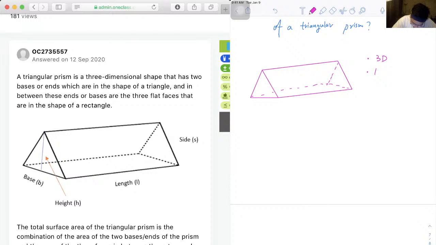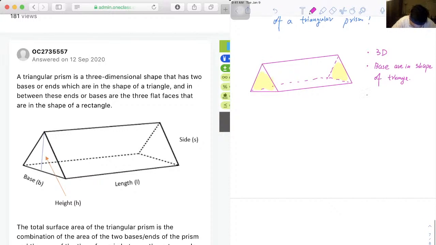So the bases are in the shape of a triangle, which are the yellow parts in my graph. So these two yellow parts are triangles, and in between these two triangles are three flat faces that are in the shape of a rectangle.